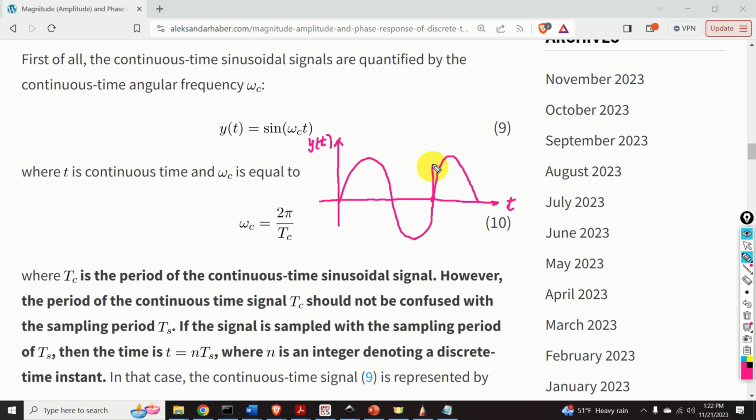Tc, that is, this time interval, is the period of this signal.